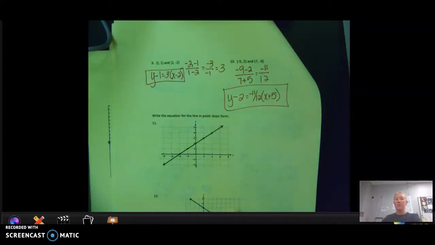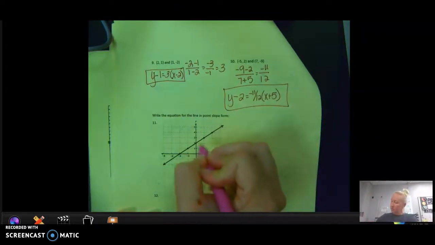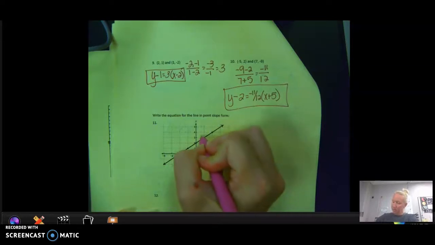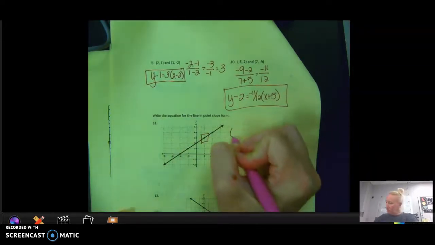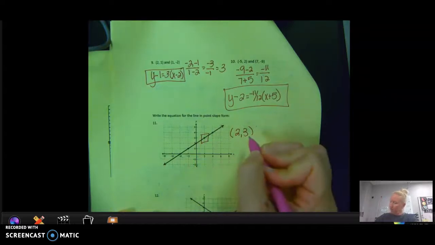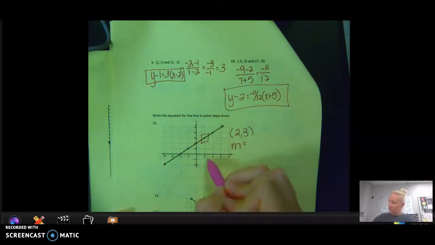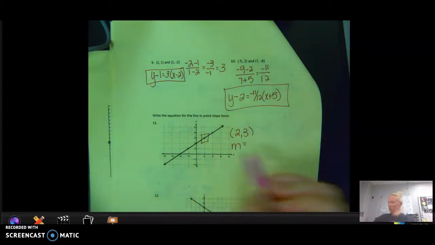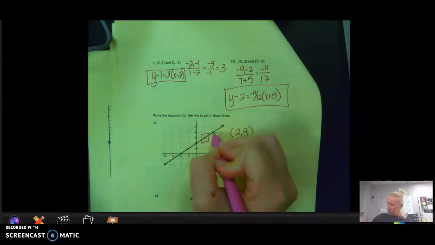Next one, write the equation for the line in point slope form. So we need a slope and we need a point. I'm just going to use this point. That point is at 2, 3. I go over to 2 and up to 3. And then I need my slope. Now, please be careful on this slope because they've done something tricky. They've gone by 1s on my y, but they've gone by 2s on my x. So I'm going to go from this point to this point.